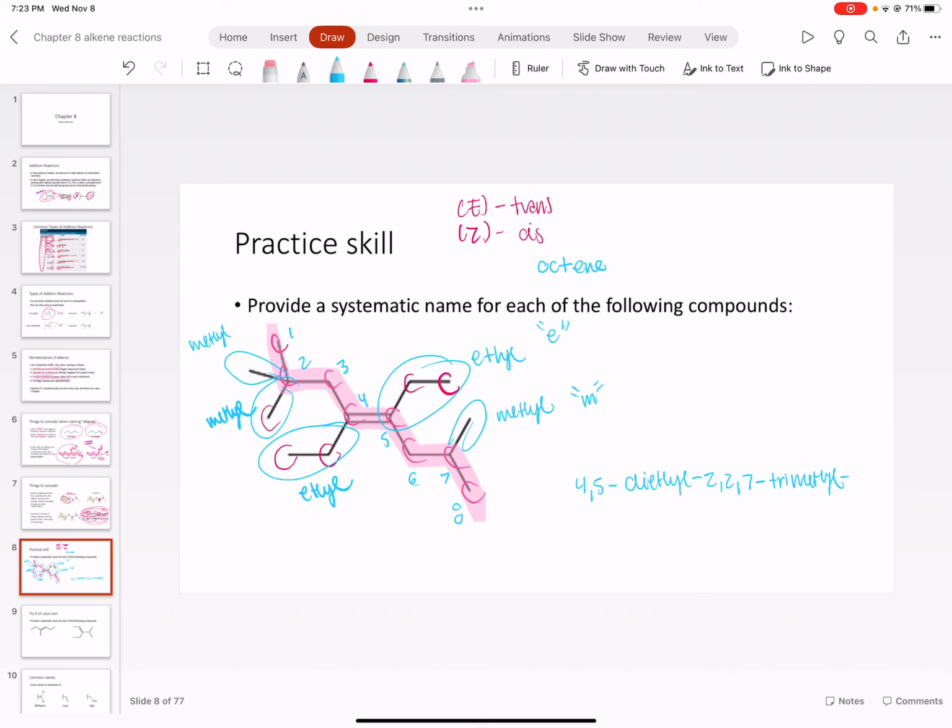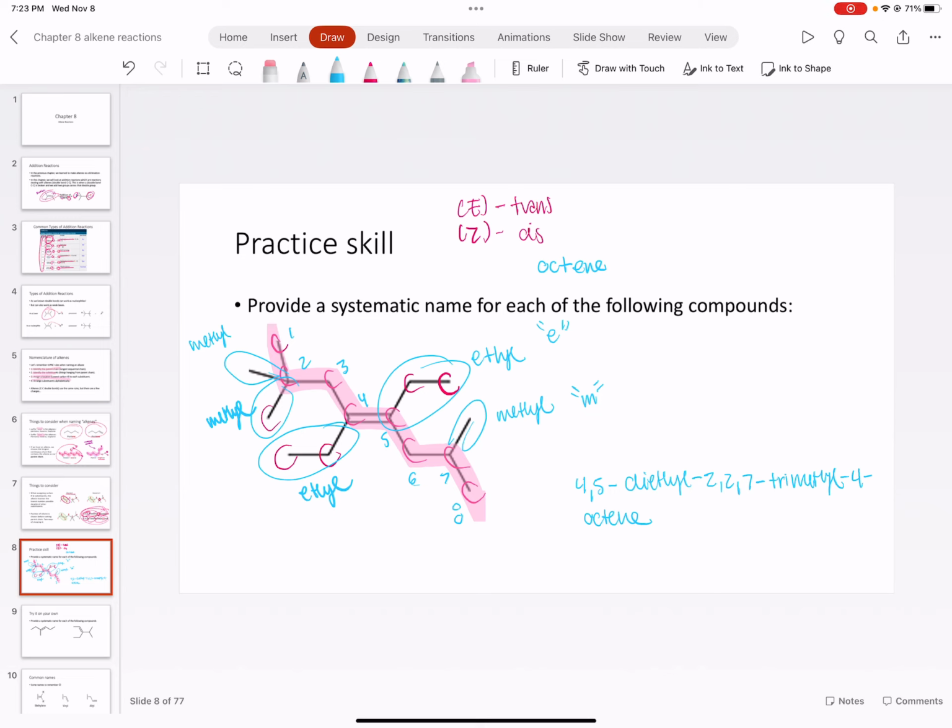Our double bond starts at 4, so we have 4 and then octene. And then we assign our priority.